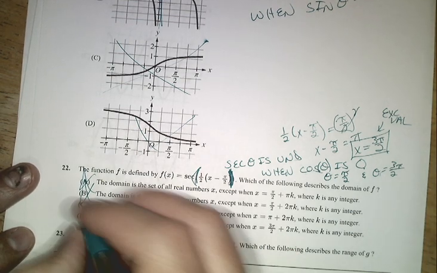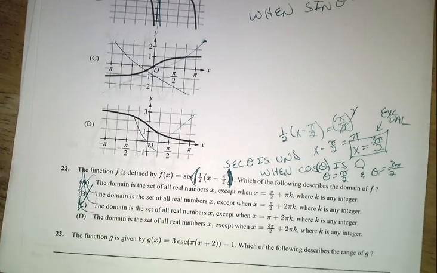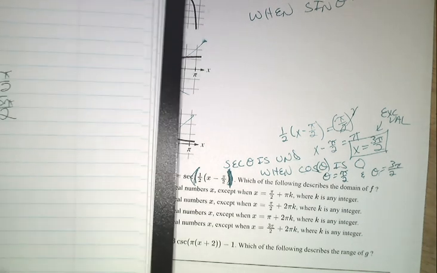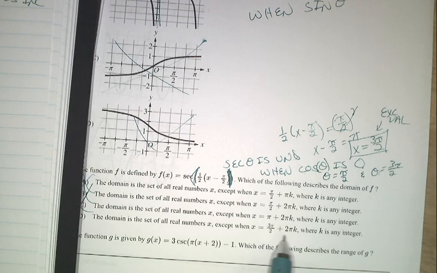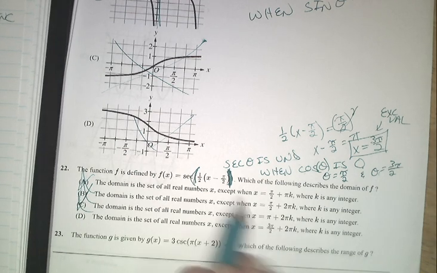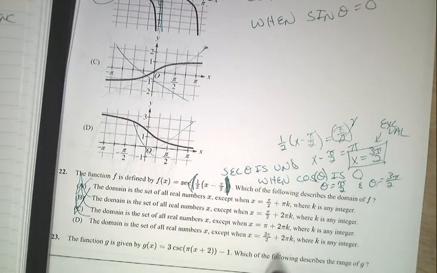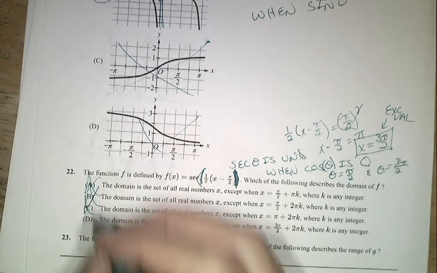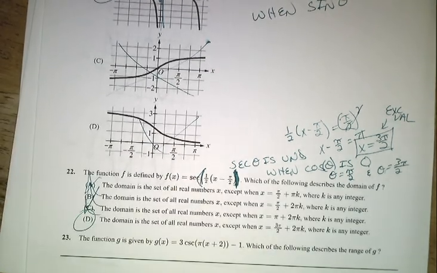Well, pi is not one of our excluded values, so it can't be this one. And then all of them are 2 pi plus 2 pi k. Oh, yes, it's 4 pi, yep. So 3 pi over 2 is one of our excluded values, so it's got to be D just by process of elimination. And give me one second, I'm going to find the answer key just to make sure that is correct. It's been a long time since I've done these.